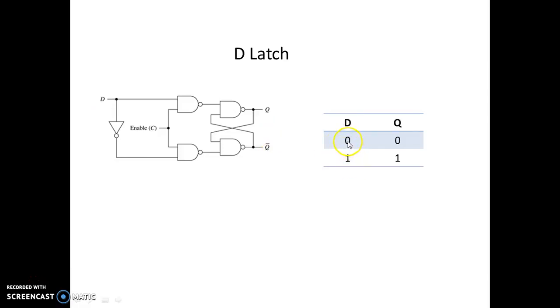So whenever D is 0, output becomes 0, and whenever D is 1, output is 1. So this makes the D flip-flop suitable as a latch where it can store 1 bit of information. Whatever is there in the D, that is stored in the flip-flop. So it is known as a D flip-flop or D latch.